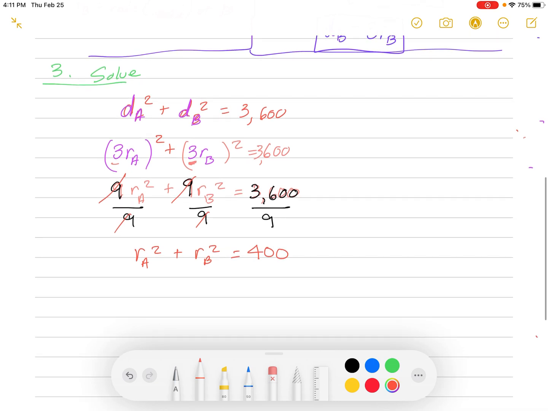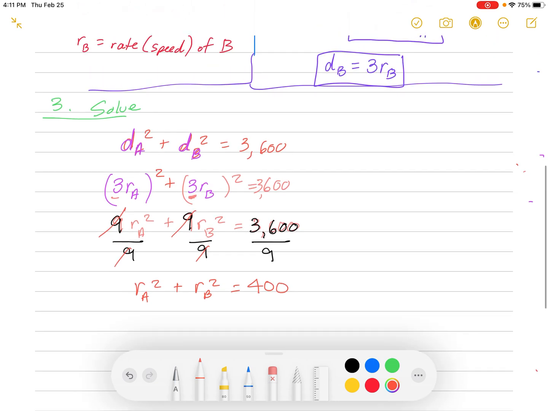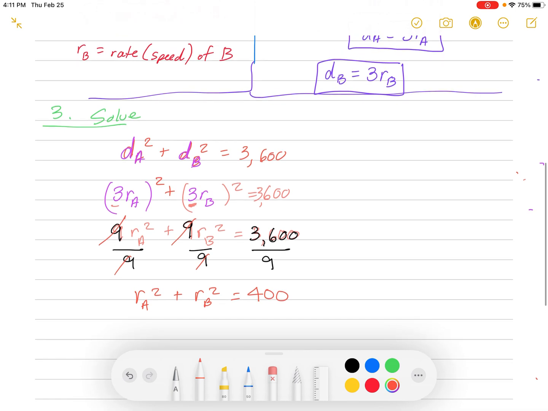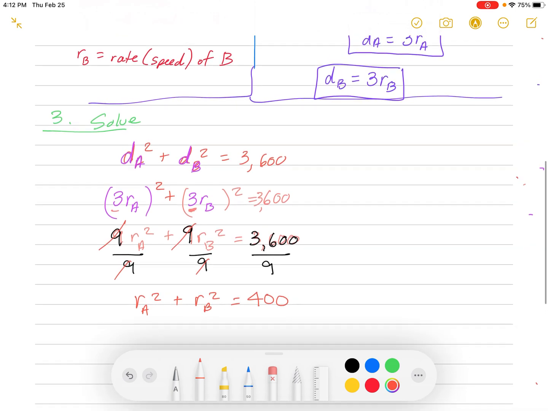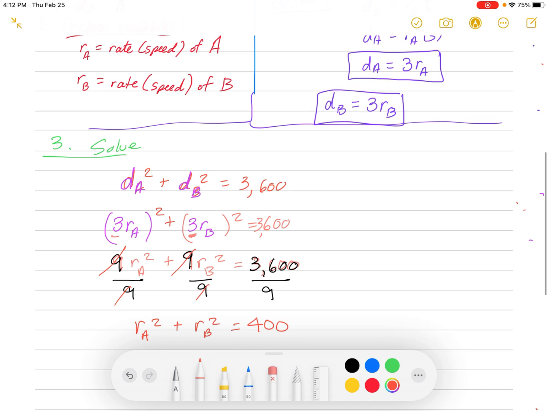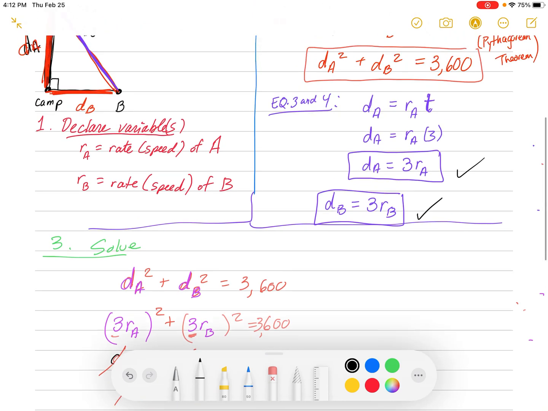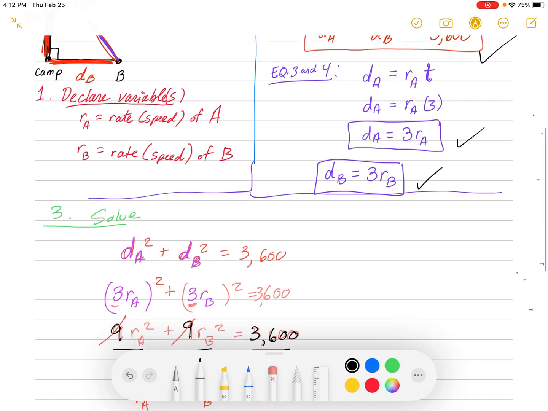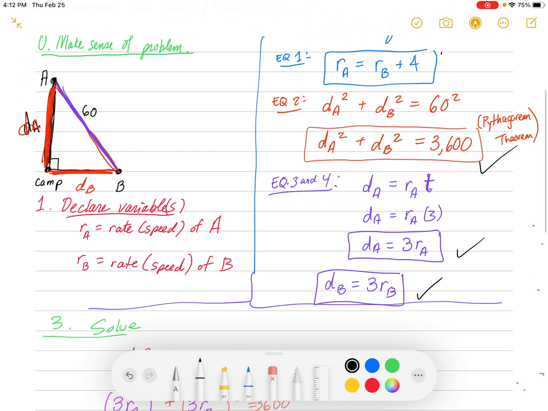Now, notice that we have 2 variables, RA squared plus RB squared equals 400. So the 2 variables are RA and RB. Let's get this all in terms of 1 variable. If you go back, we've already used the 2 purple equations earlier. We replaced dA with 3RA. We replaced dB with 3RB. We've used the orange equation already.